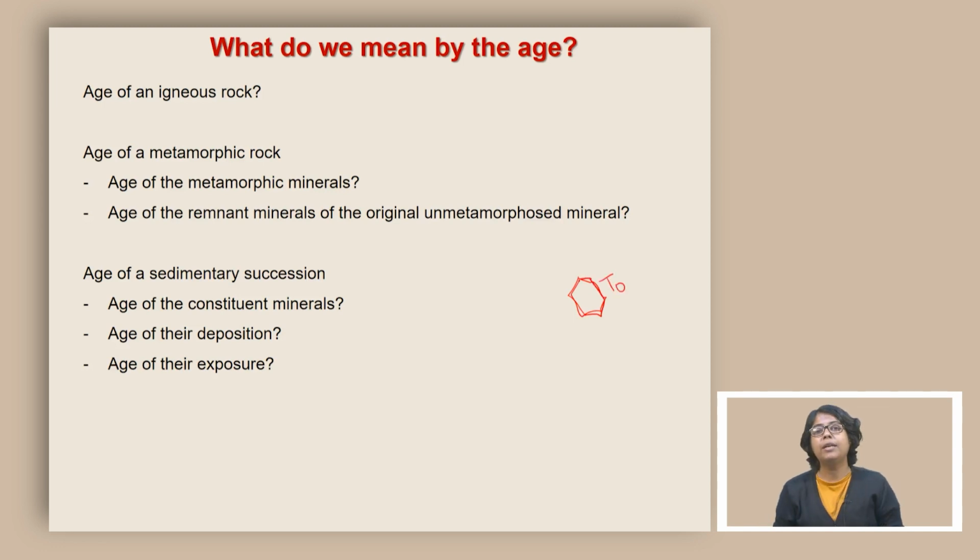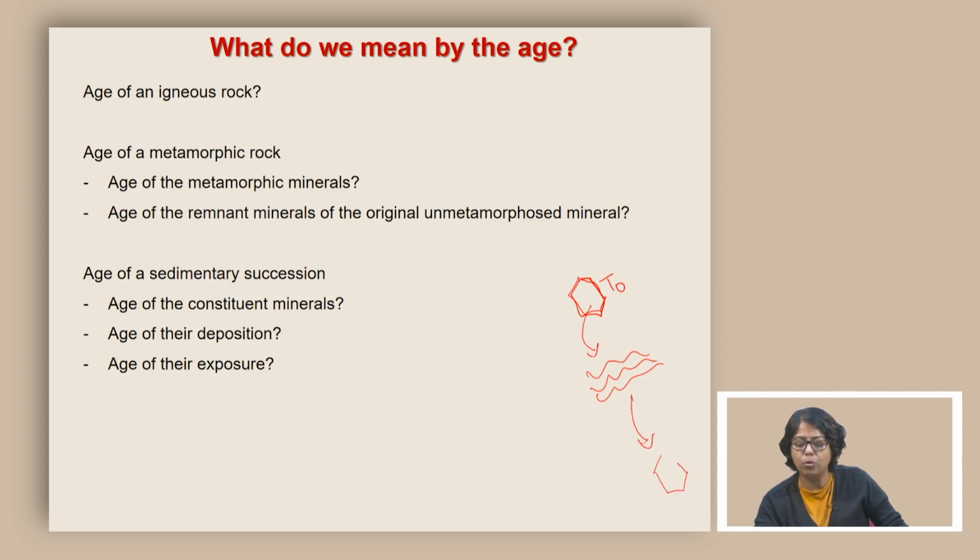So, whenever we get an age of an igneous rock, it means that is the last time it solidified out of a melt. But let's imagine a scenario where this has gone through multiple cycles of magma and then again produced some more minerals and so on and so forth.